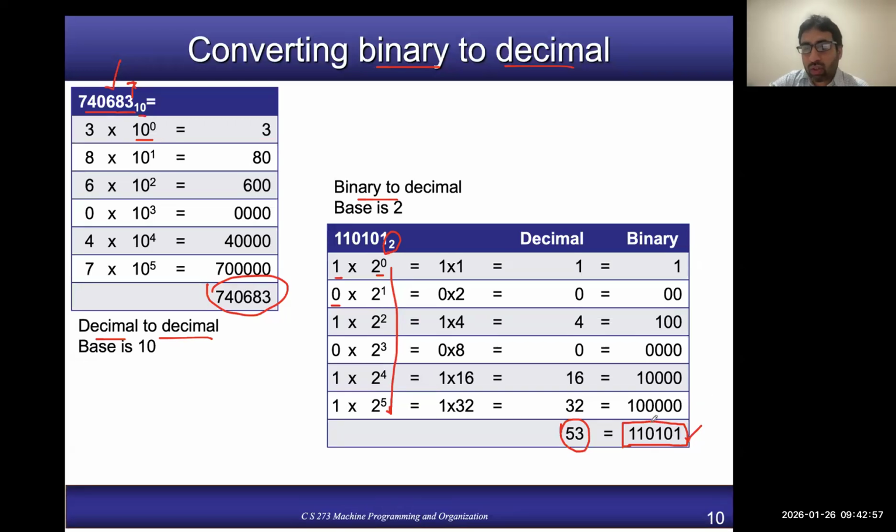Good. So now the interesting thing is, if you convert all of these products individually into the binary form, what is the binary of one? It is one. What is the binary of zero? Zero. Here you have 1-bit binary, 2-bit binary, 3-bit binary, and so on. So binary of one is one, zero is zero, four is 100, then the next digit is four zeros, then the binary of 16 and the binary of 32.